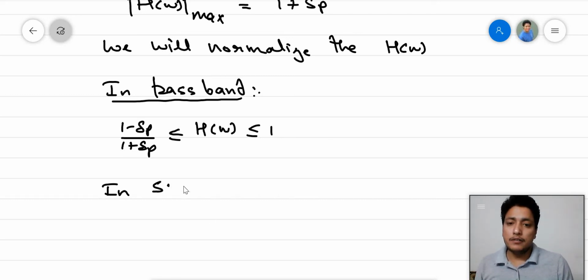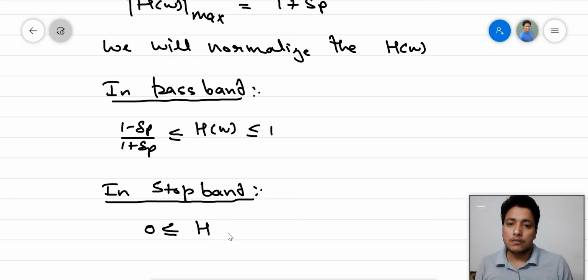In the stop band, we will have H of omega from 0 to delta s over 1 plus delta p.